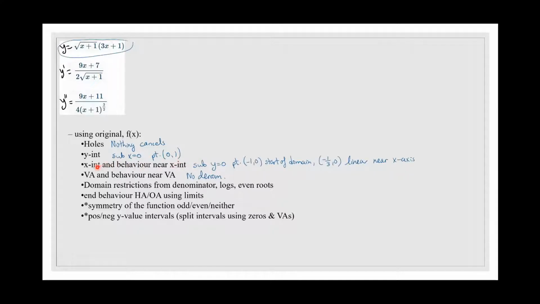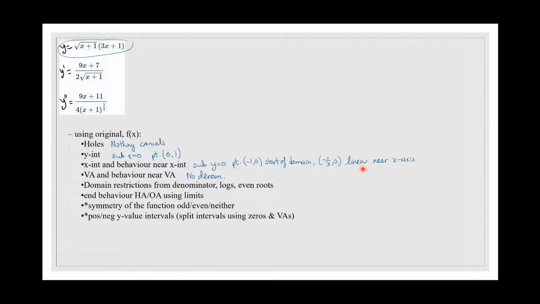For x-intercepts, we're going to sub in y equals 0, and we get (-1, 0), because this part right here becomes 0 when x equals -1. And the other point is (-1/3, 0), because this part here becomes 0 at that value.